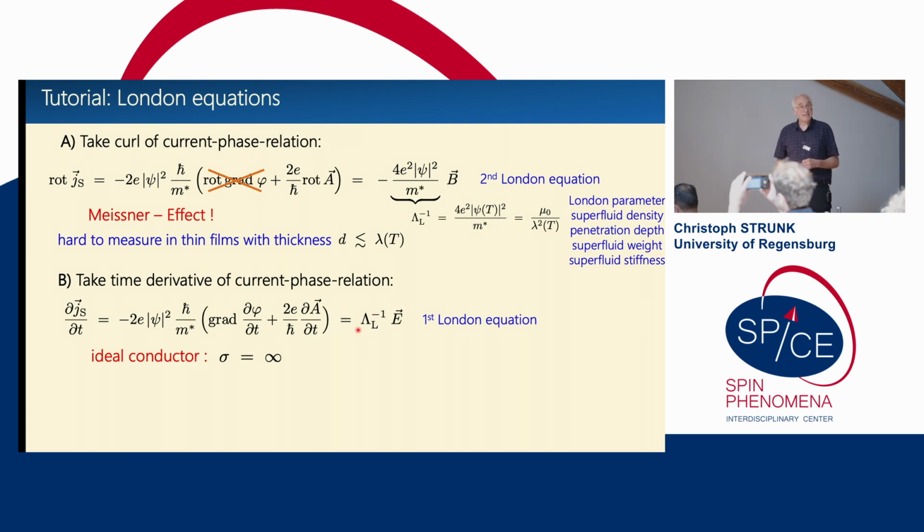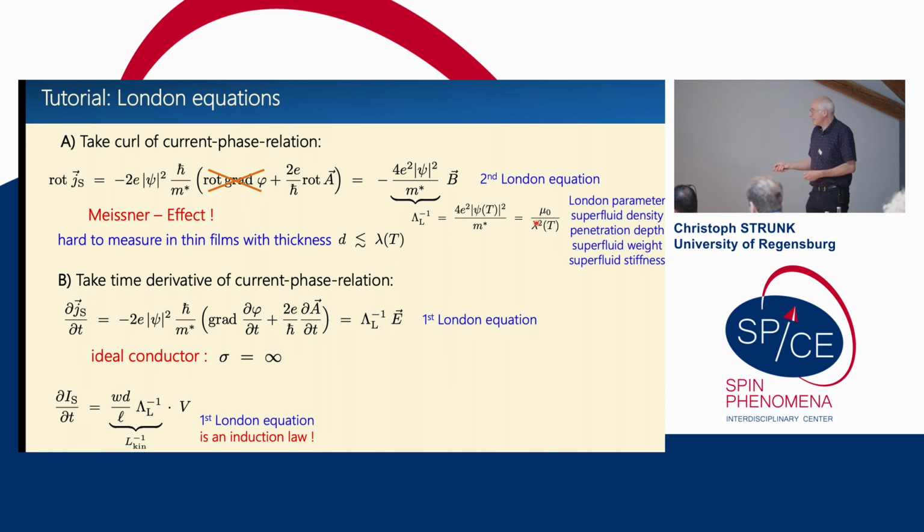Now, to get access to the superfluid density, the superfluid stiffness, or whatever, usually people measured penetration depth, right? However, this is difficult if you have ultra-thin films with thicknesses much smaller than the penetration depth, because there is not too much penetration. And what I learned very late is that we can get access to this quantity via this first London equation, because this is nothing but an inductance.